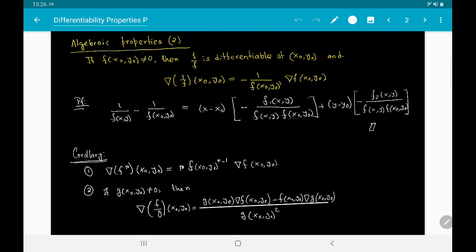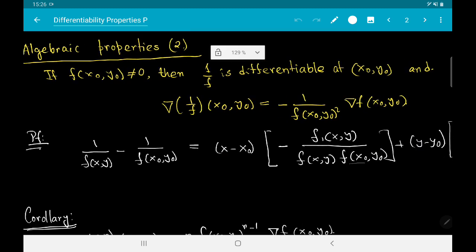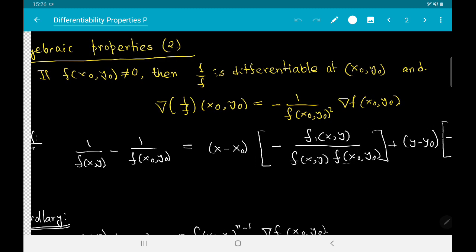Now let us proceed. This is another algebraic property, with all the assumptions that we had taken in our previous algebraic properties. Algebraic properties part 1. So what do we have?